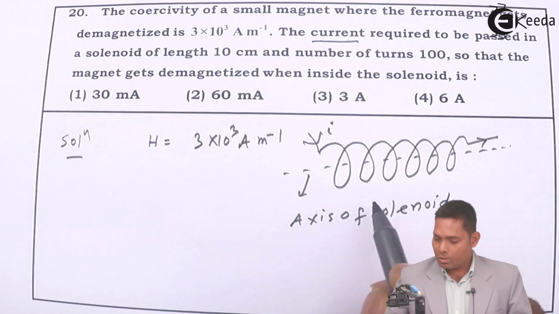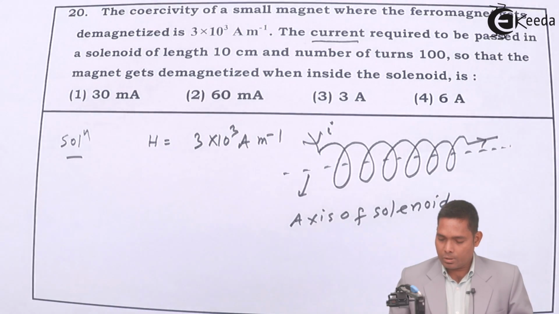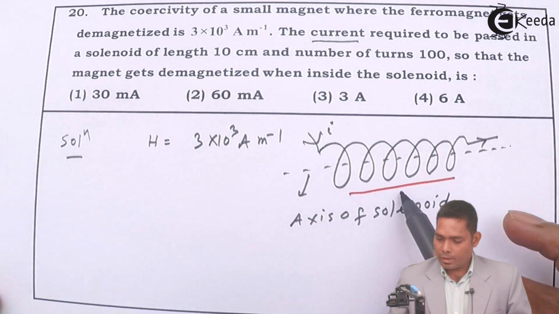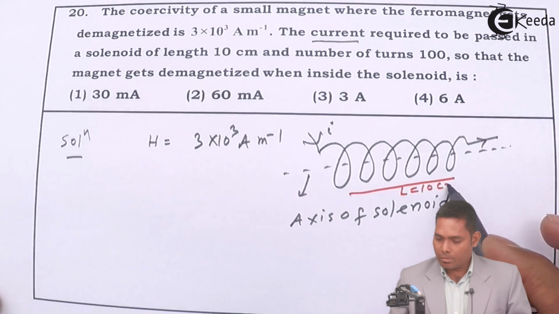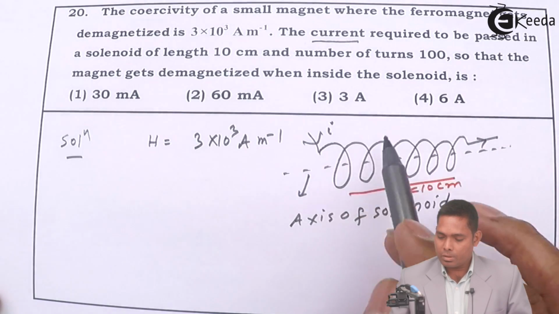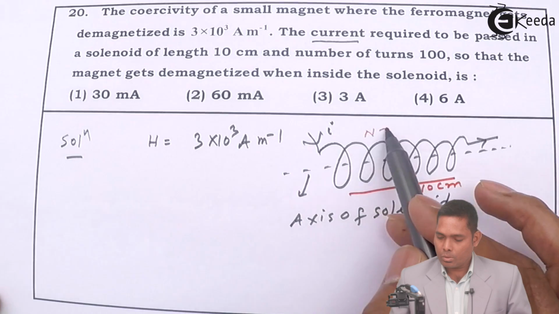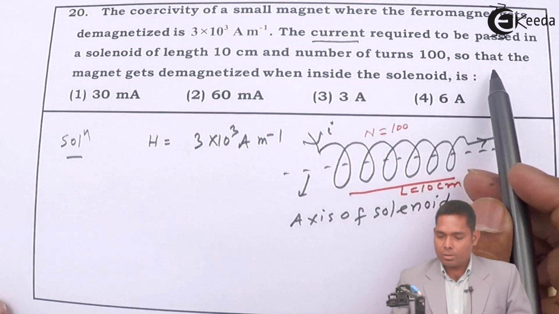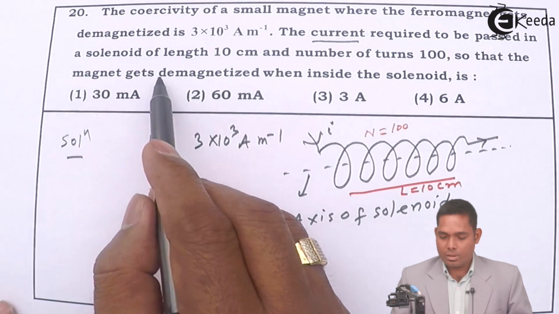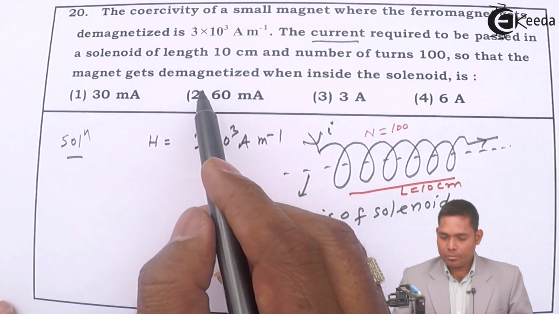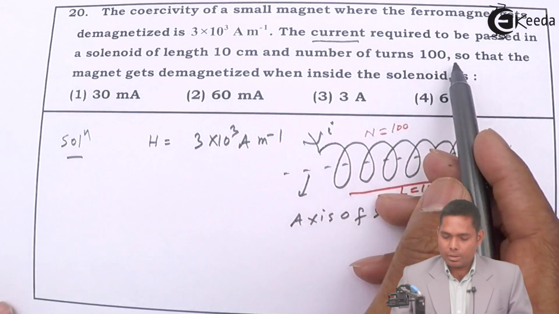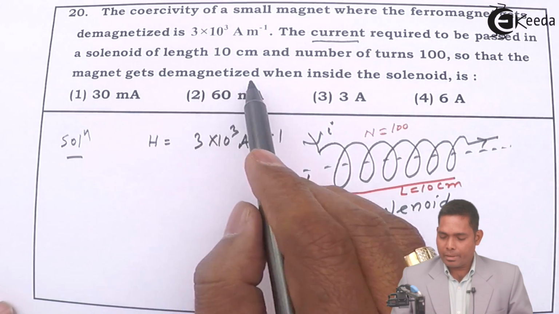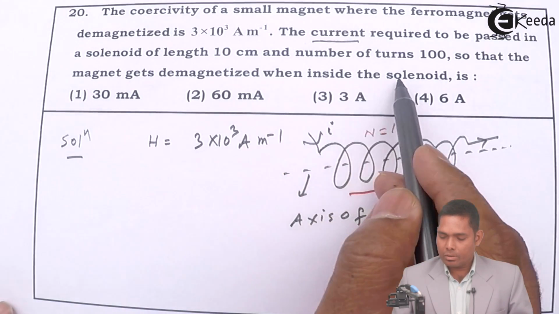So the total length of this solenoid L is equal to 10 centimeter, and the number of turns present here is N equals 100, so that the magnet gets demagnetized when inside the solenoid.